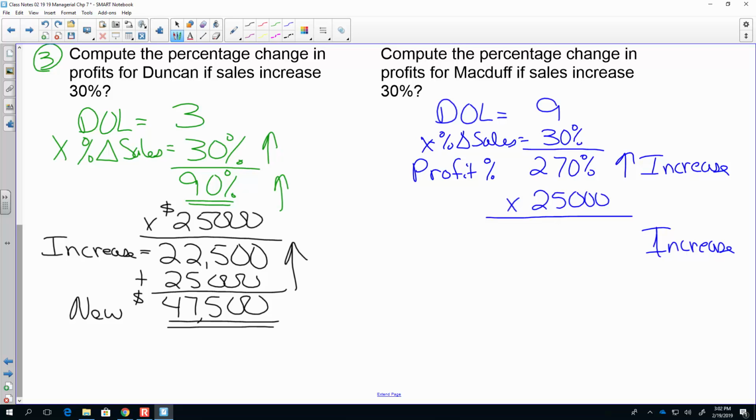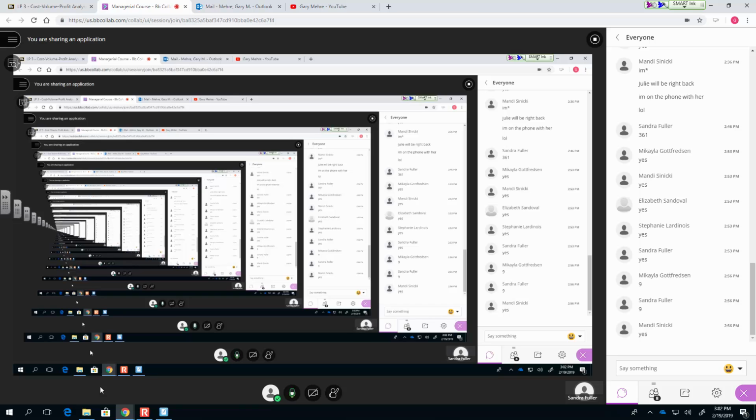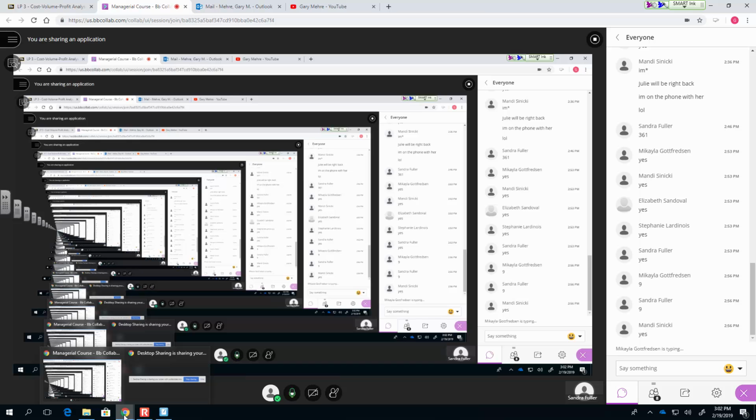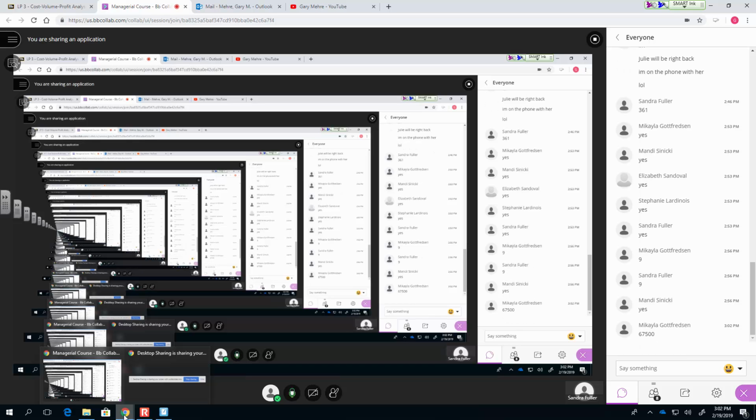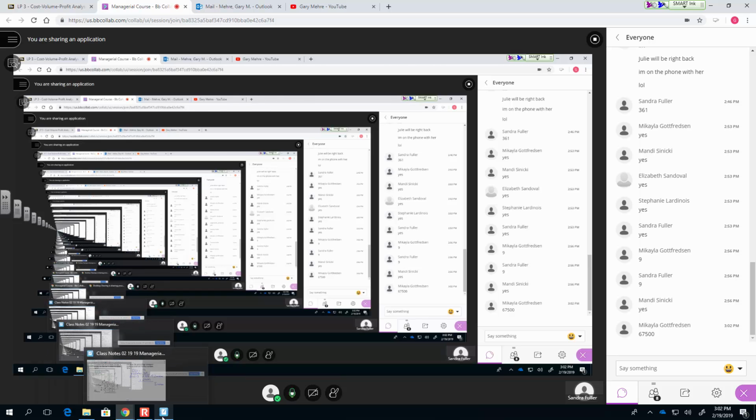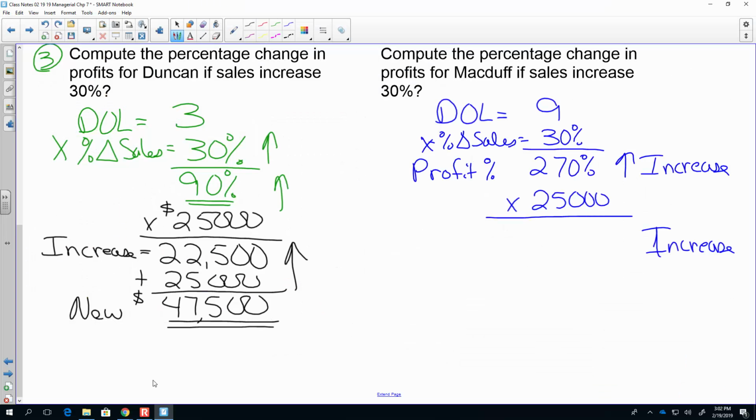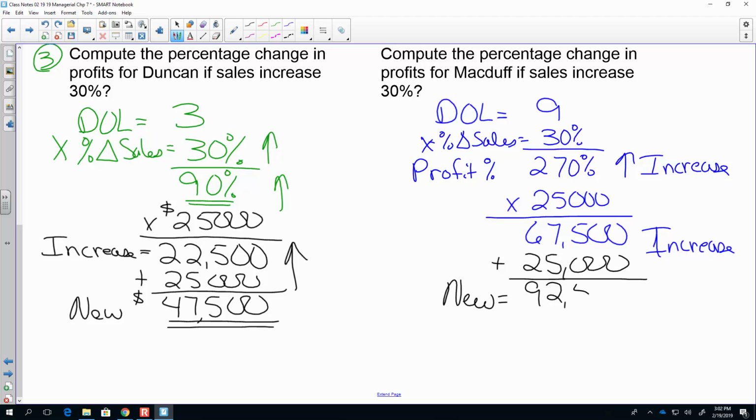It's a big number. Help! I'm using my lifeline here. Anybody? 67,500, Michaela says. Is she right? Yeah. Plus 25, which is where I was. My new income is going to be then 92.5.